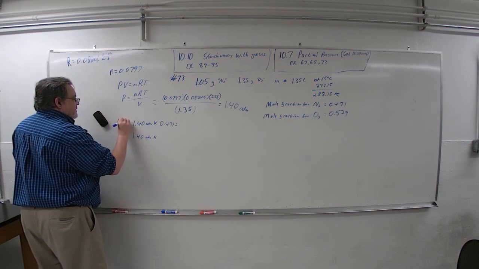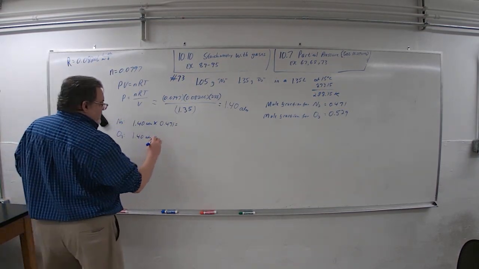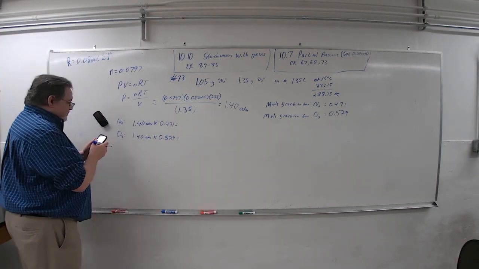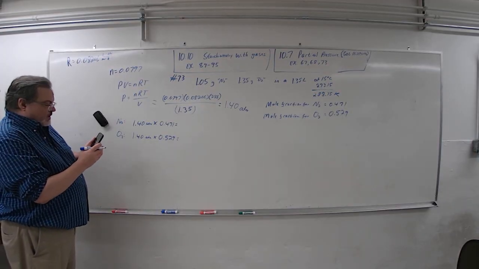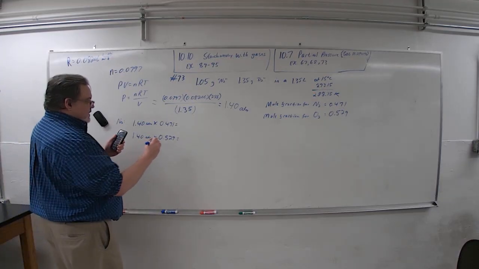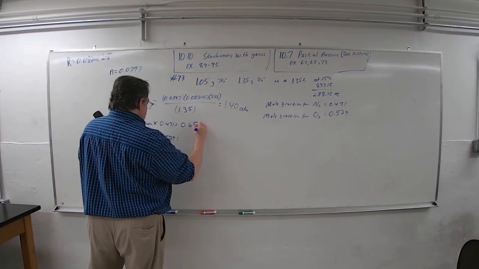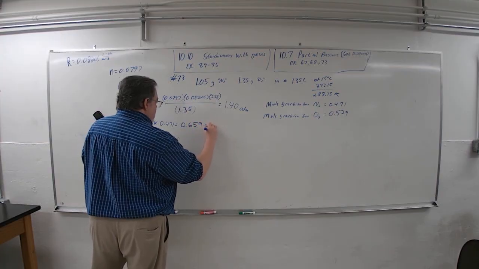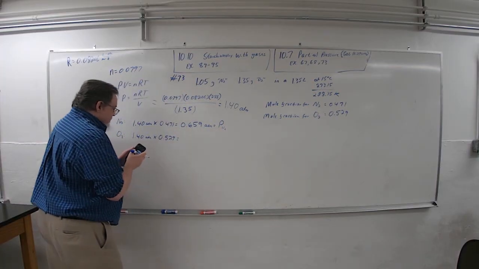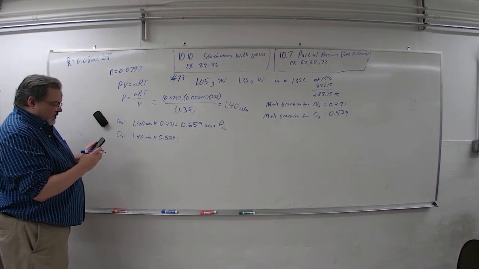This is for N2, this is for O2, 0.529. 1.40 times 0.471. That equals the partial pressure of N2. 0.529 times 1.40.